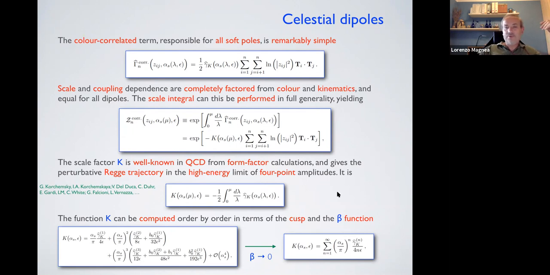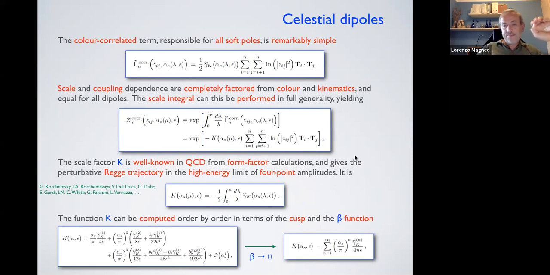So K, for example, is the Regge trajectory in the high energy limit, up to some matters of definition. K appears in the Sudakov form factor for quarks and gluons. K is responsible for Coulomb phases. K is really an old friend, which we can write as here on the left, and in N equals 4 super Yang-Mills, it actually has a very simple expression with only single poles.